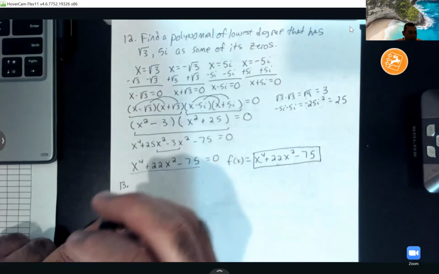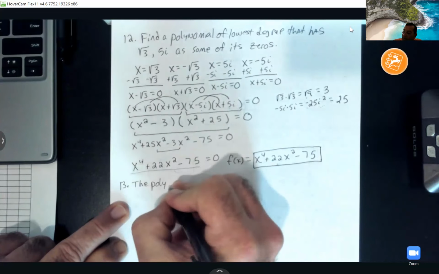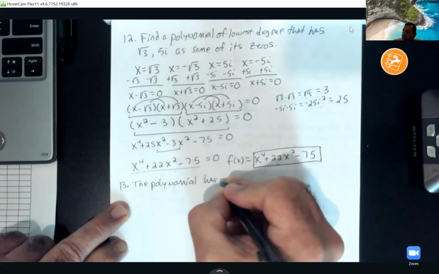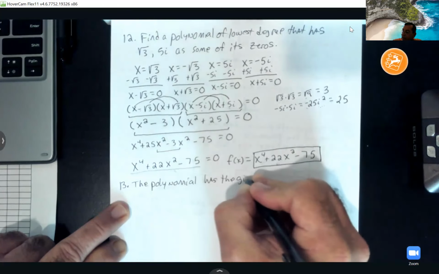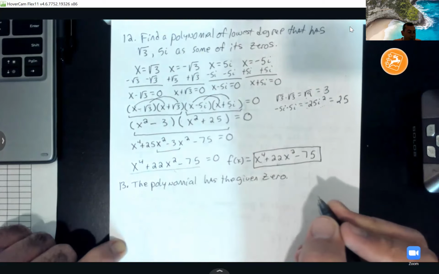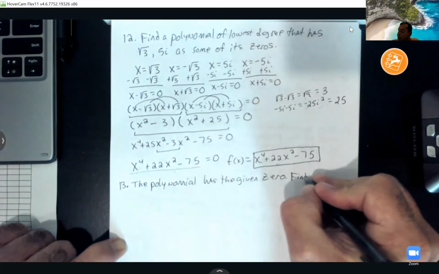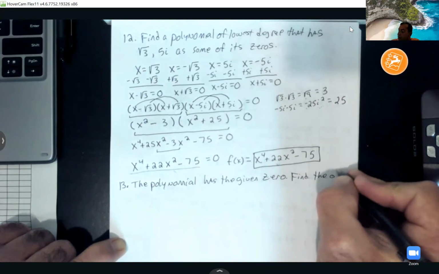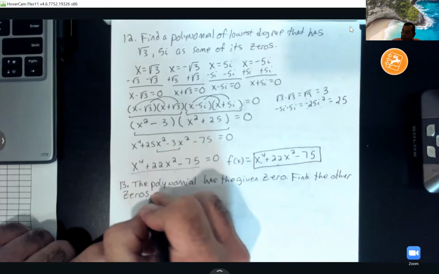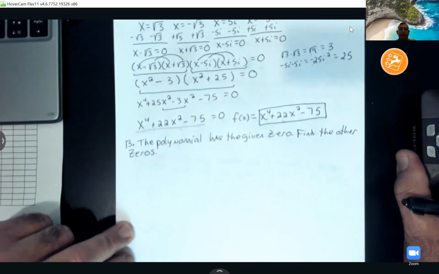Ooh, y'all, 13. Let's see. The polynomial has the given 0. It wants us to find the other zeros. Okay.